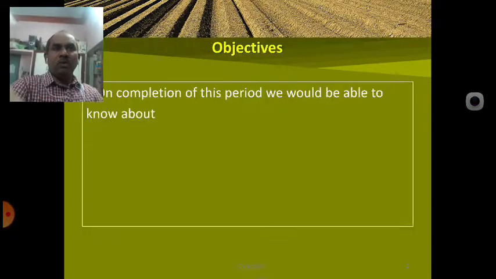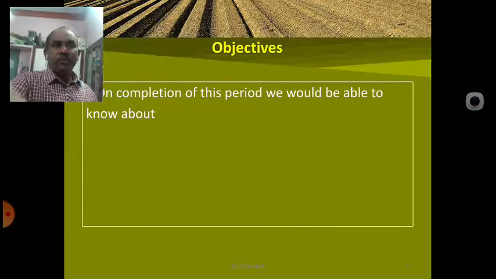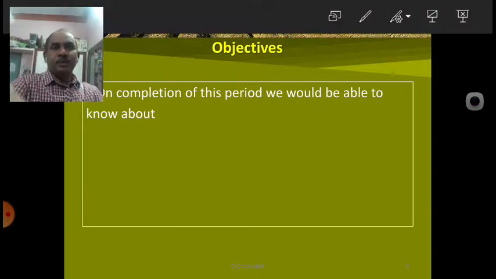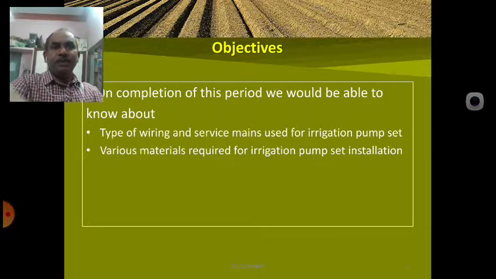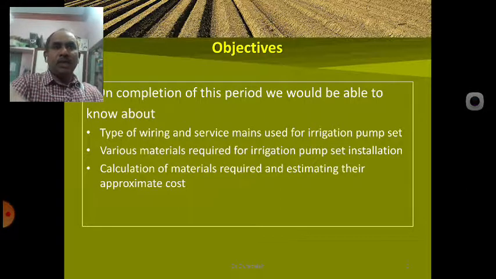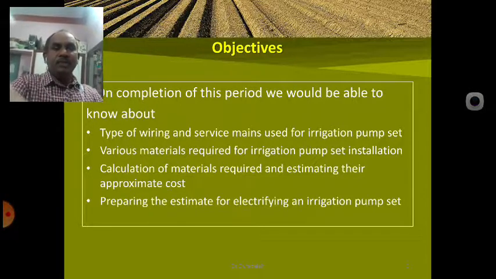Let us see what are today's objectives. On completion of this period, we would be able to know about types of wiring and service mains used for irrigation pump sets, various materials required for irrigation pump set installation, calculation of materials required and estimating their approximate cost, and finally preparing the estimate for electrifying an irrigation pump set, that is a schedule.